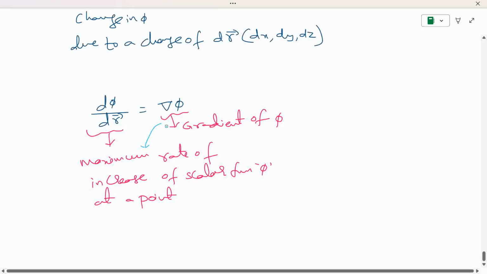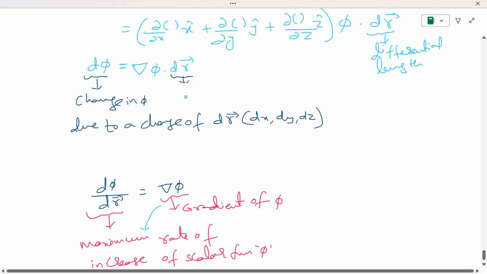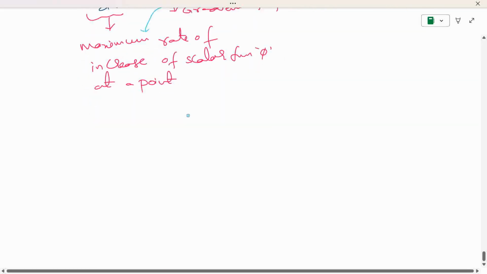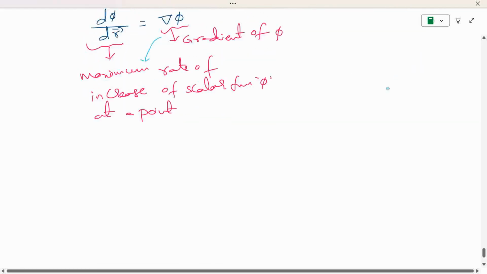This is the Cartesian form of del that we have seen. Now, how about del for cylindrical coordinates?